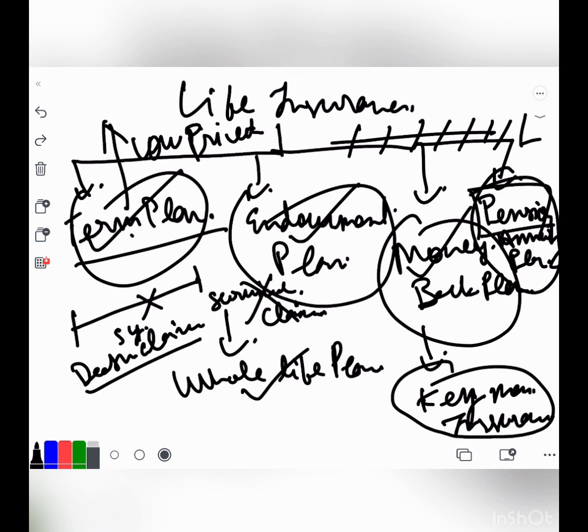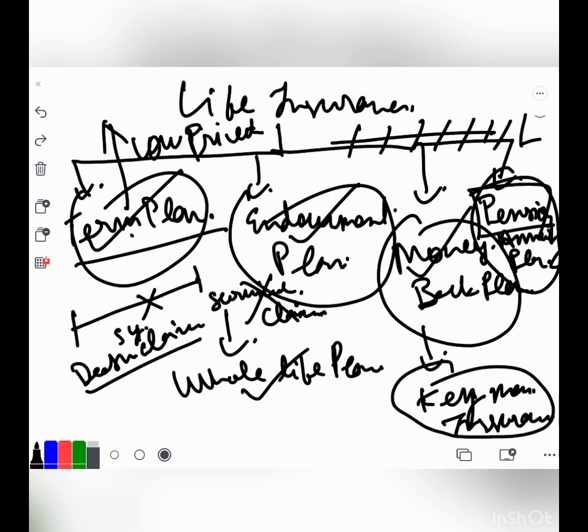If he is not there, the insurance company will give money to the company to compensate the loss in the business because of the absence of this key man. Key means important person. So these are the major, most important life insurance types, which I hope you have understood.